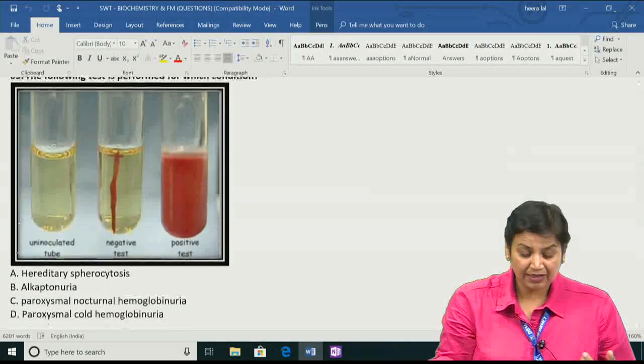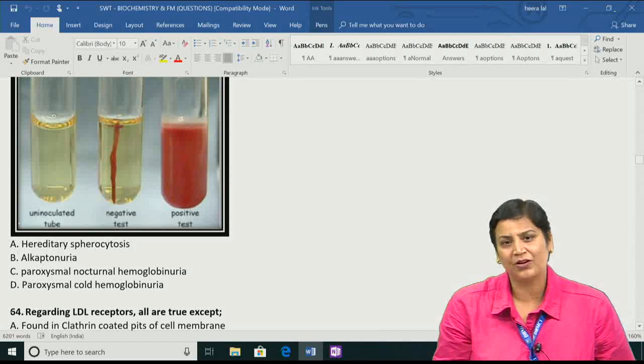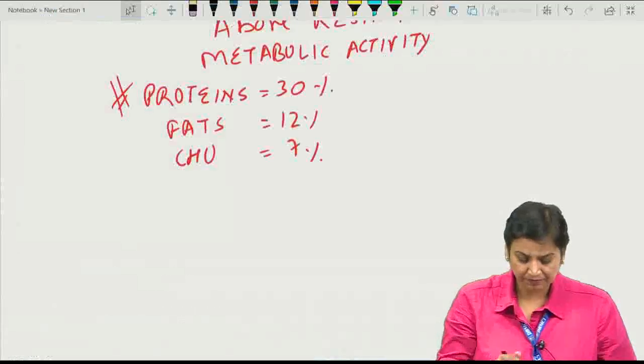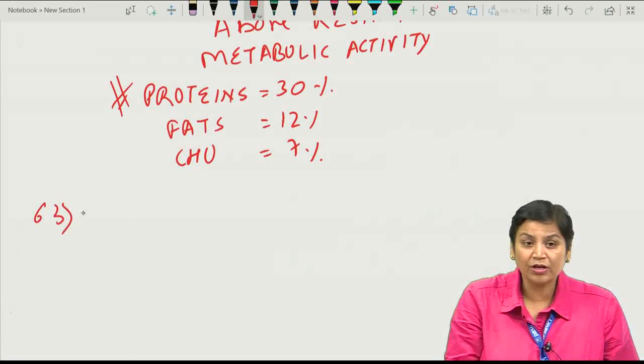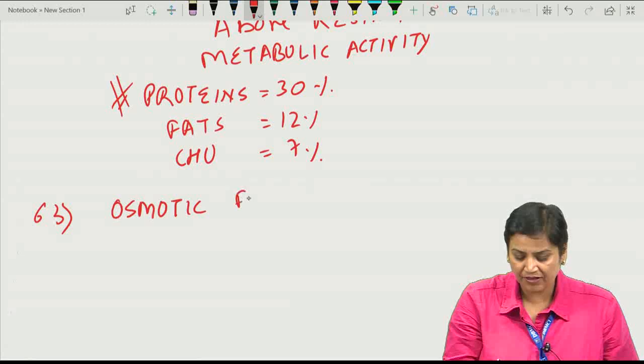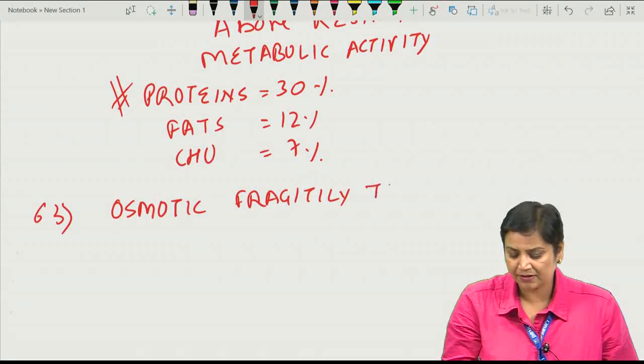So this is hereditary spherocytosis, and the name of the test is the osmotic fragility test.